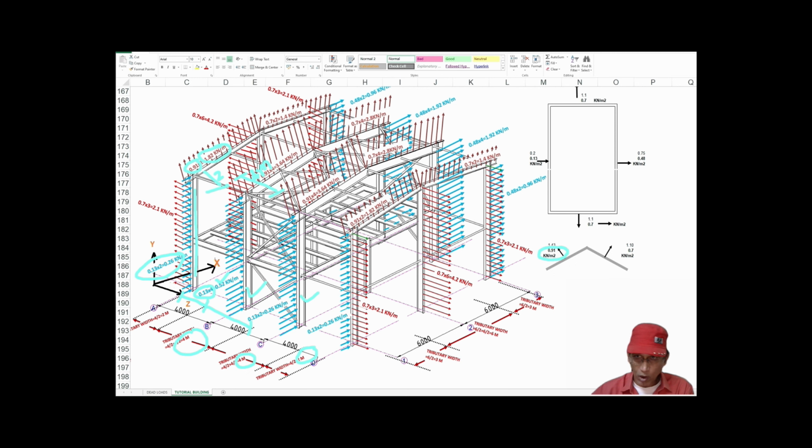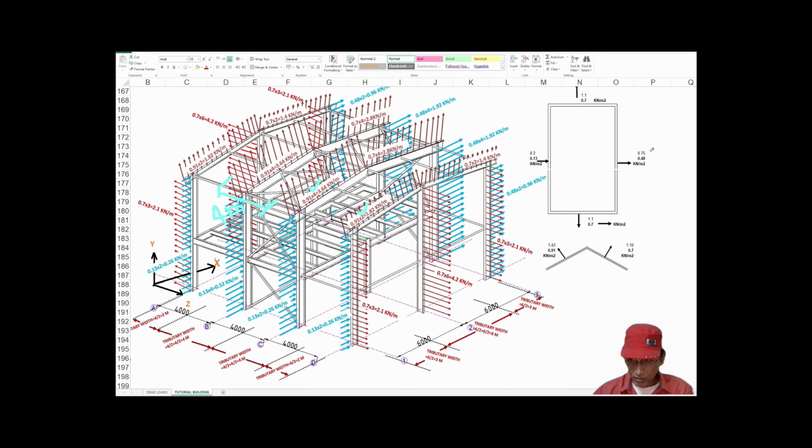Similarly, the tributary width of this interior rafter was 4 meter, half from this side and half from this side. So 4 meter multiplied by 0.91 is equal to 3.64 kilonewton per meter. Same is here, and again the same as for the gable rafter on the left side.